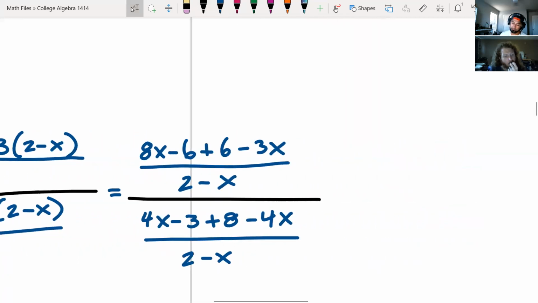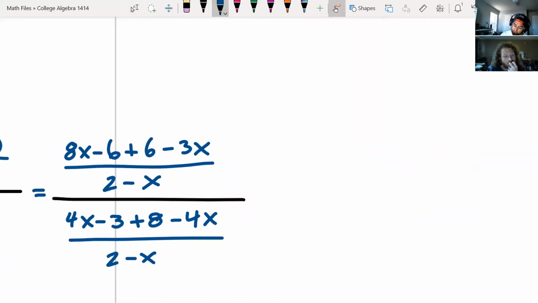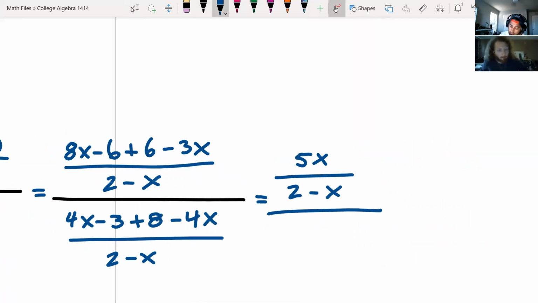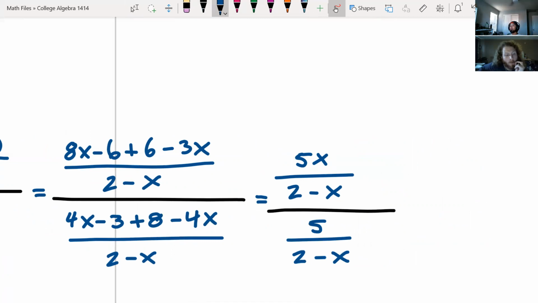Okay, clean up again. And you'll get 5x over 2 minus x, over 5 over 2 minus x. Okay, so we're almost there. You have a fraction over a fraction.